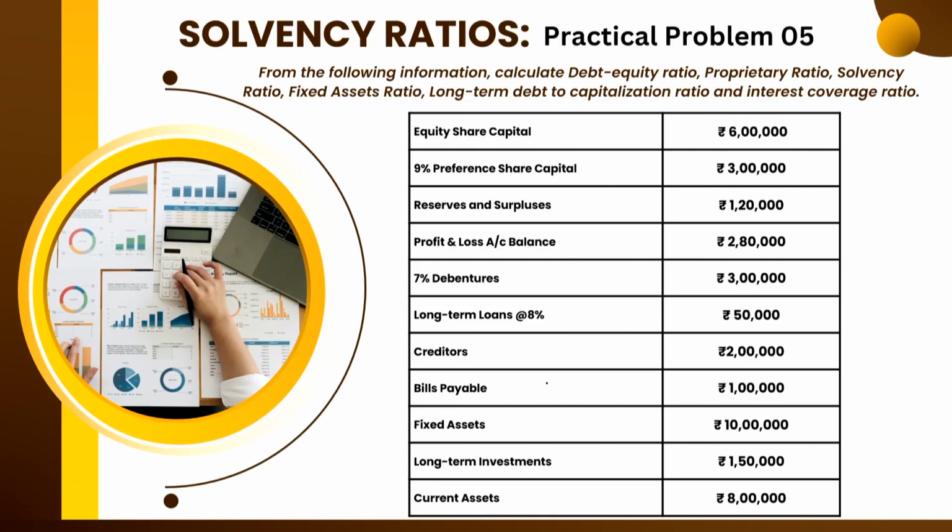The amount of debt is, we are given 7% debentures of rupees 3 lakh and long term loans at the rate of 8%, that is 50,000. So total debt will be 3 lakh plus 50,000, which comes to 3,50,000.